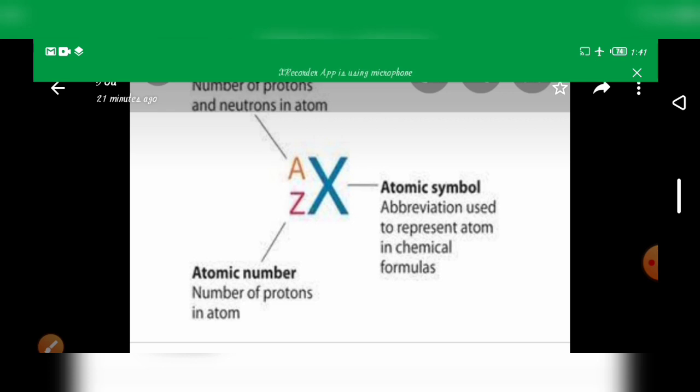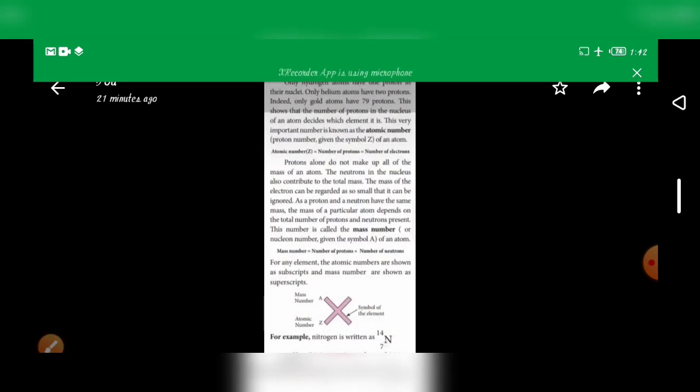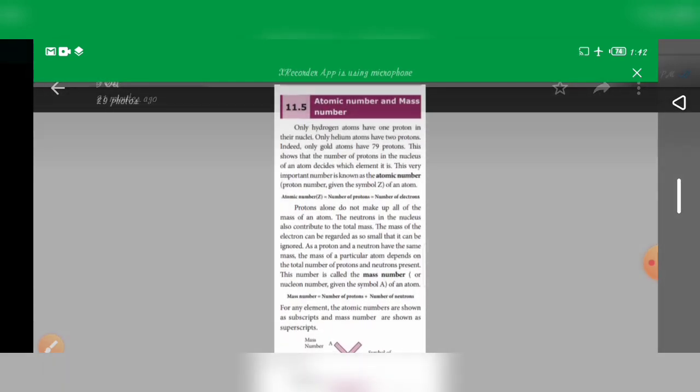Suppose you write the mass number like this. See here, in your book they have given that only a hydrogen atom has 1 proton in its nucleus, only a helium atom has 2 protons, and only a gold atom has 79 protons. This shows that the number of protons in the nucleus of an atom decides which element it is.